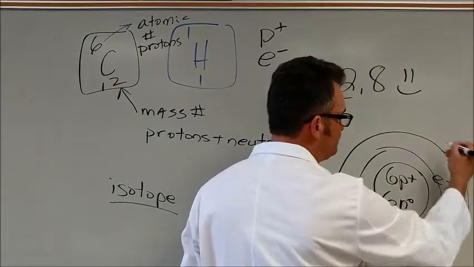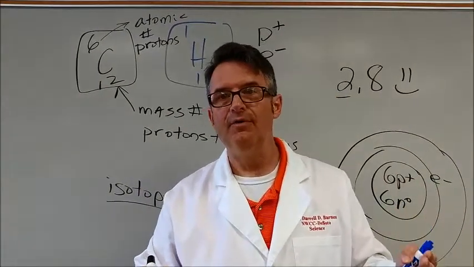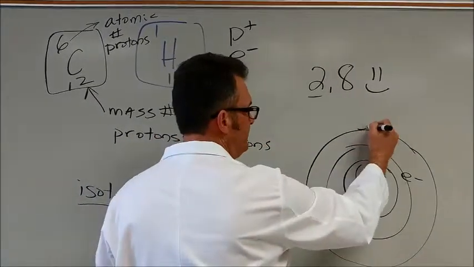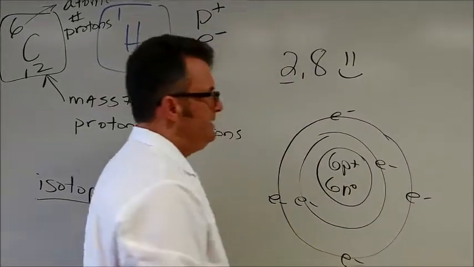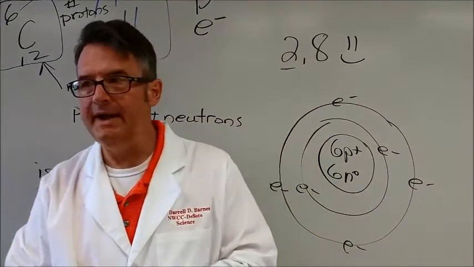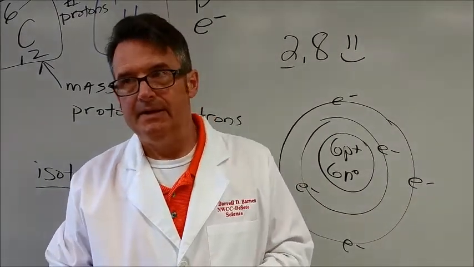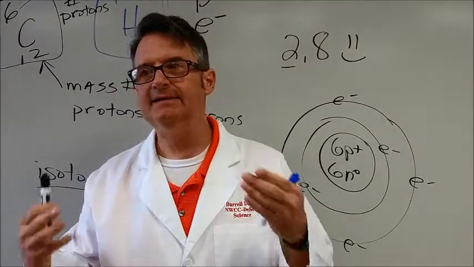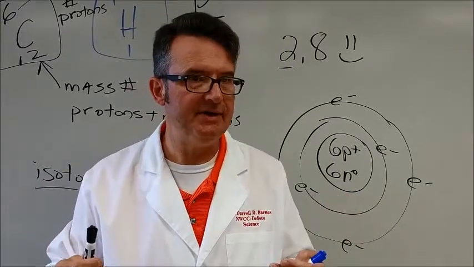When we look at the next level, if we place 2 electrons and there are 4 more, then we put those as far apart as we possibly can. So we place these kind of like this. In its outer shell, which by the way is called the valence shell, carbon is not really happy because it doesn't have 8. It doesn't have a stable octet. It doesn't have a stable valence shell.